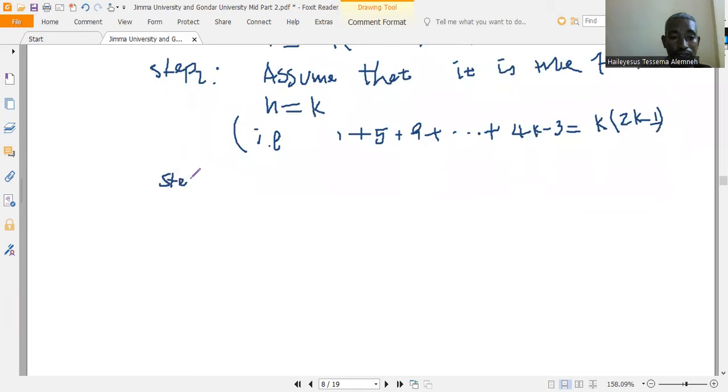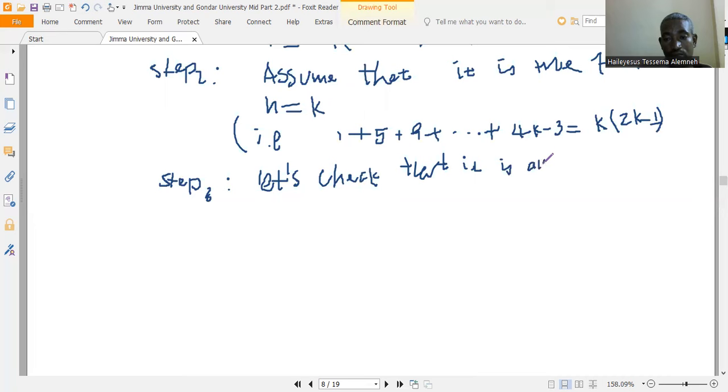On step 3 ላይ using step 2 let's check that it's also true for n is equal to the next term k plus 1. ምን ማለት ነው?